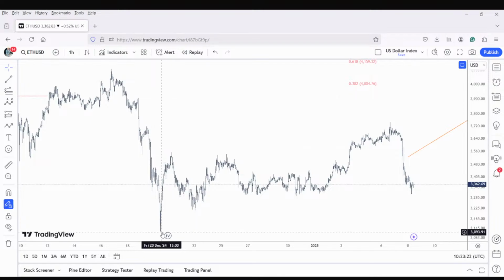But it's a strict stop loss at 3100 because if this is an impulse where we are beginning to cut loose on the south side, then ladies and gents, we would be on the wrong side if we don't place a stop loss.